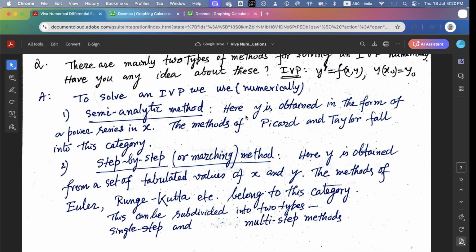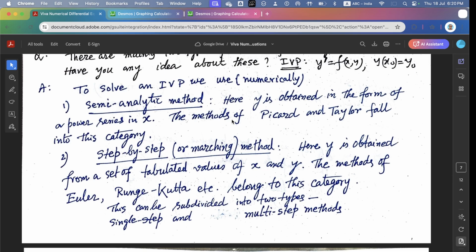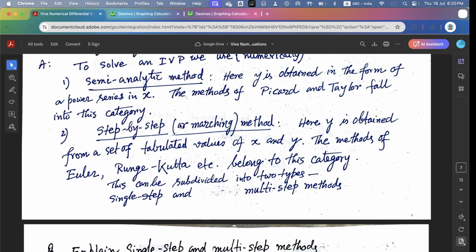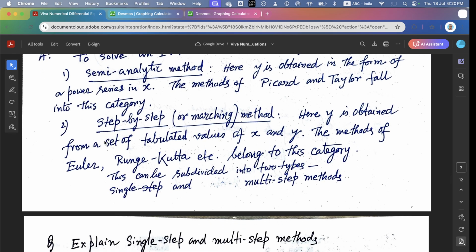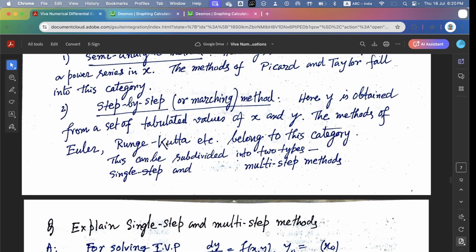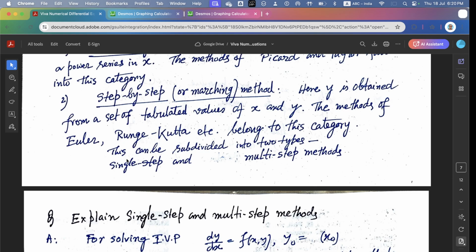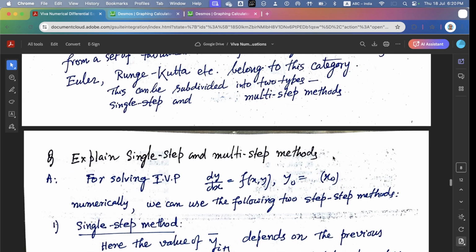In the semi-analytic method, first y is obtained as a power series in x, then we apply the numerical methods. The methods of Picard and Taylor fall into this category. In the step-by-step or marching method, y is obtained from a set of tabulated values of x and y. The methods of Euler, Runge-Kutta, etc. belong to this category. This can be subdivided into two types, single-step and multi-step methods.